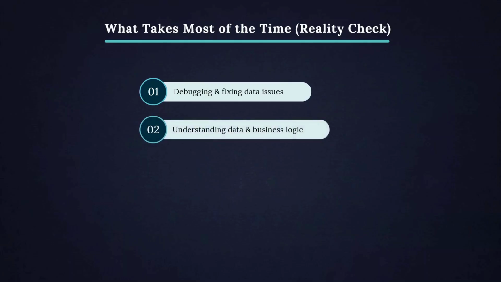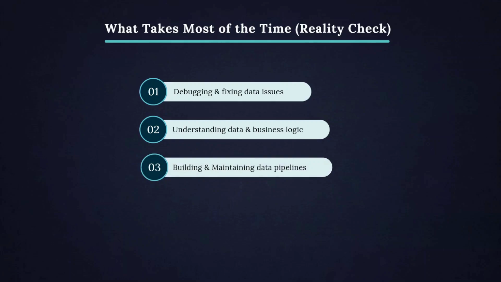Another big chunk of time is spent understanding data and business logic. Before you build anything, you need to understand what the data represents and how it is actually used by the business. There's also the ongoing work of building and maintaining data pipelines. This includes adding new pipelines, updating existing ones, and making sure everything keeps running smoothly over time.